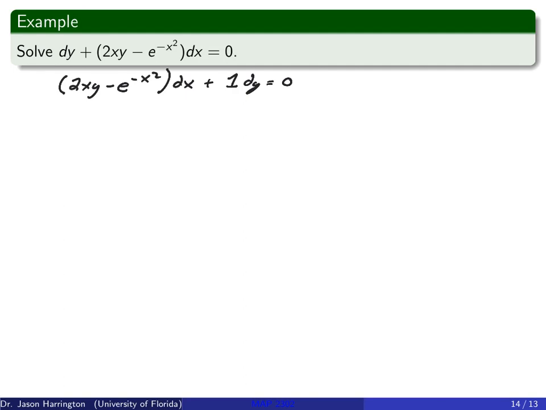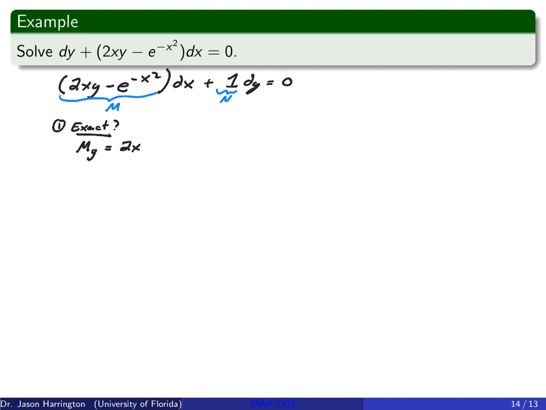Now once you write it this way, you can see, okay, this is now my M, and this is my N. And so now we want to check first, is this exact? If we check exactness, then the derivative of M with respect to y is just 2x.